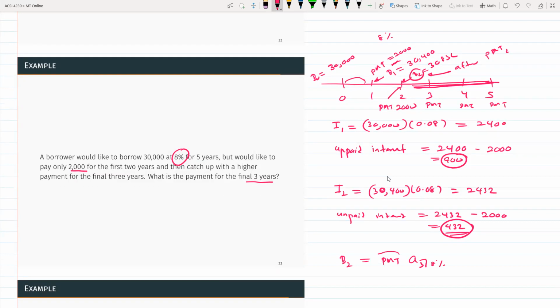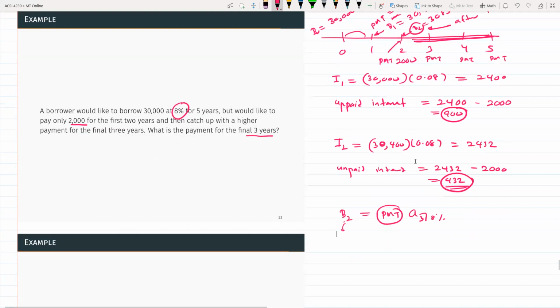Okay, so what would be the payment size? B2, we know the value, which is 30,832. I can actually use the formula. V is 1.08 to the power negative 1. Let me use a formula just for a change instead of the calculator.